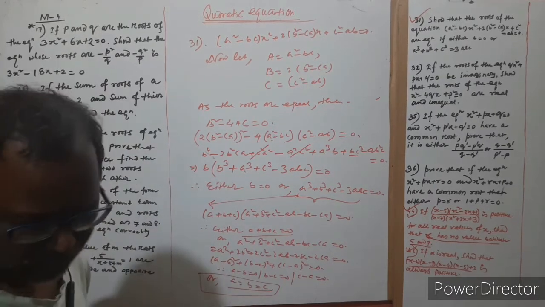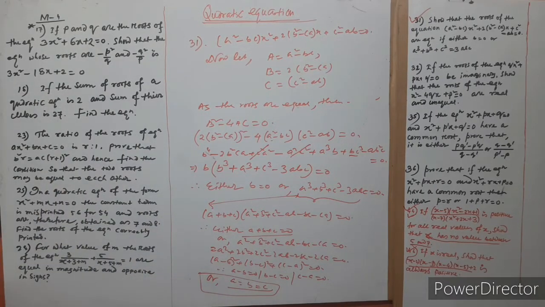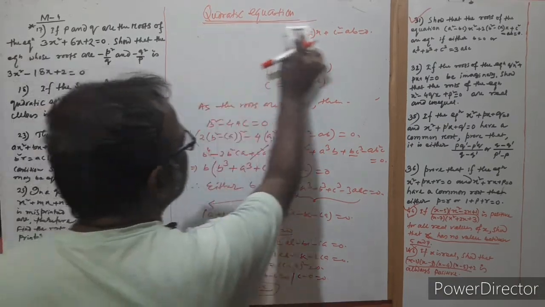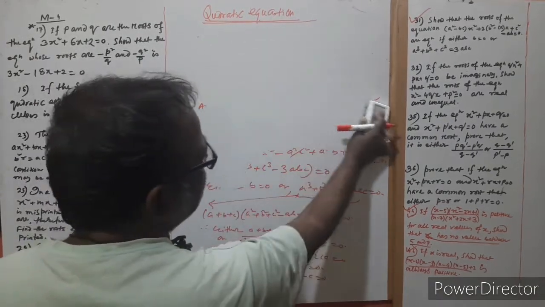Okay, I think all of you better understood what we want to say here. Now this is 31, and proceed to the 32.